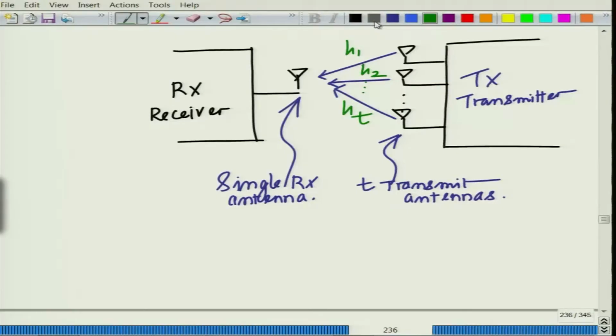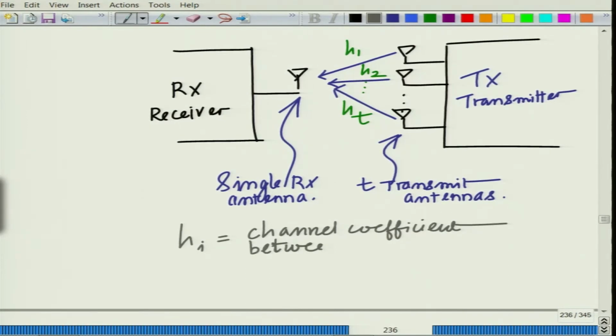Okay, so let me write that. Hi is the channel coefficient between the transmit antenna i and the receiver antenna.